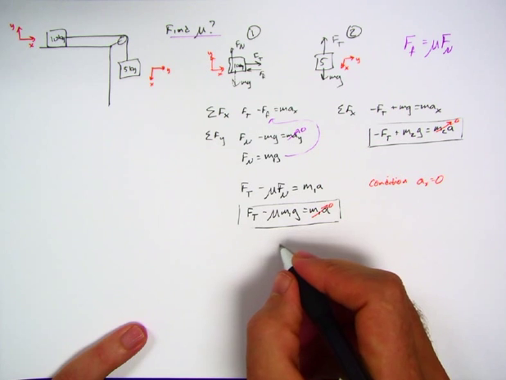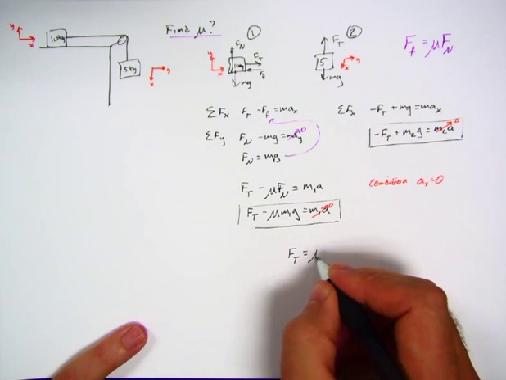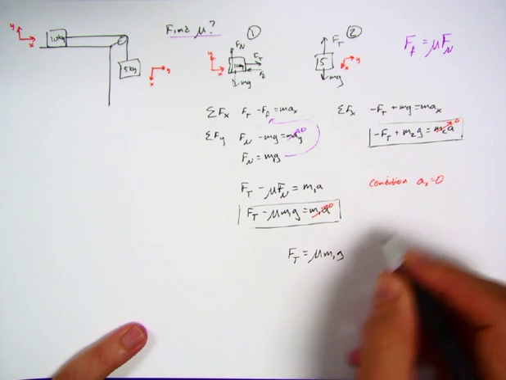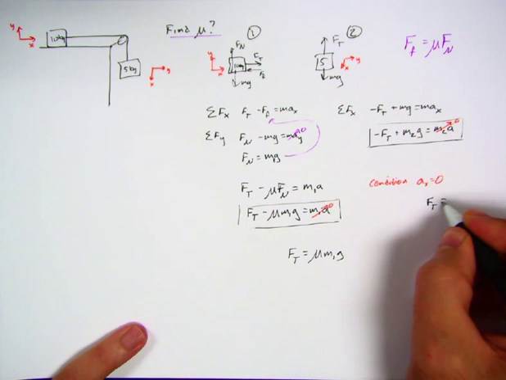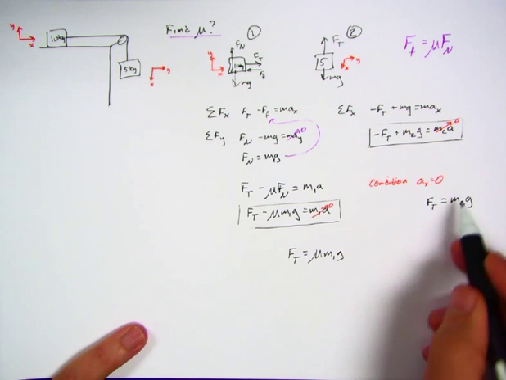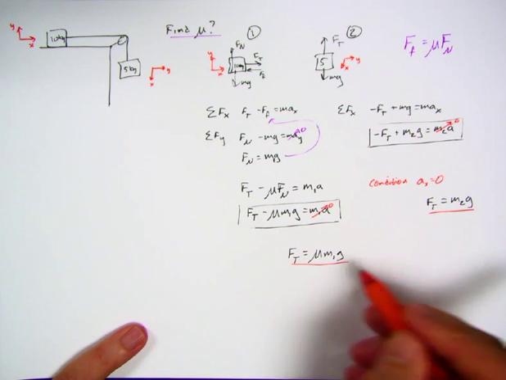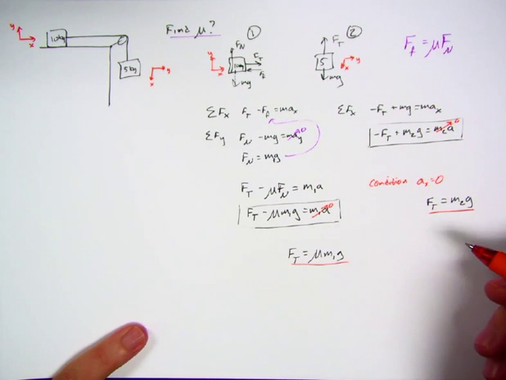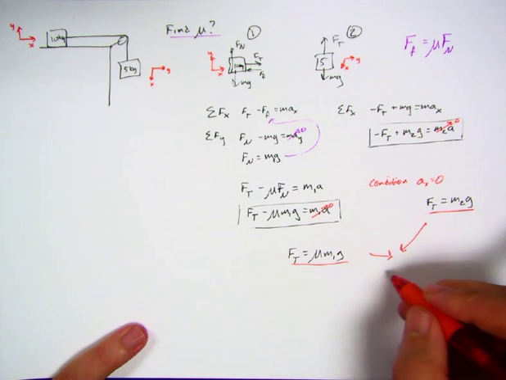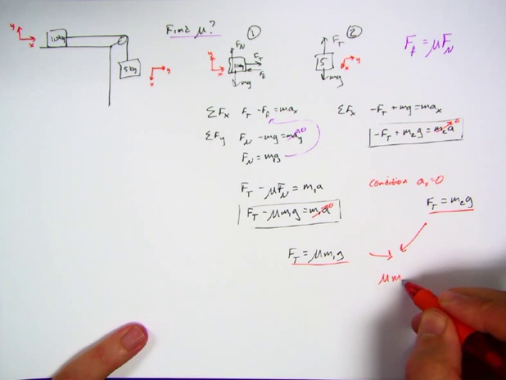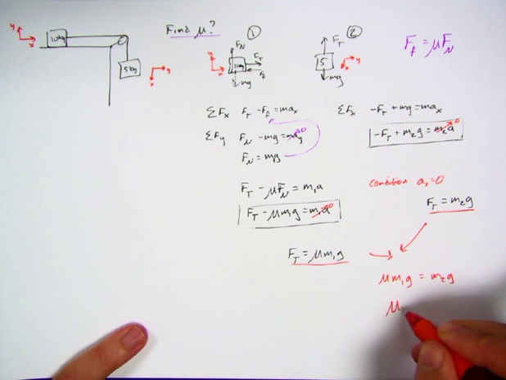That allows me to easily calculate force tension equals mu m1g, and over here, because of my condition, force tension equals m2g. So these are true only for my condition, right? If the acceleration is 0, then that's going to be my force tension, and I can put those together and say mu m1g equals m2g, and solve immediately for mu.